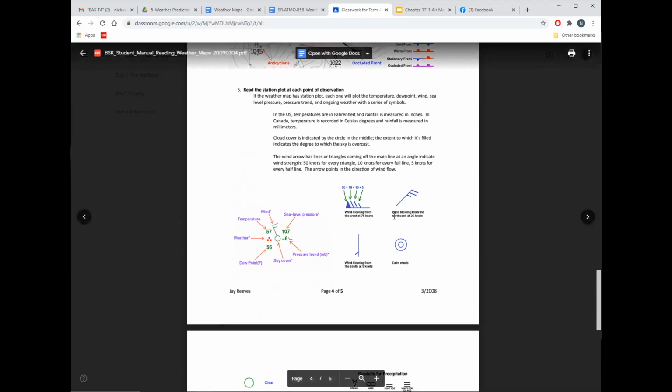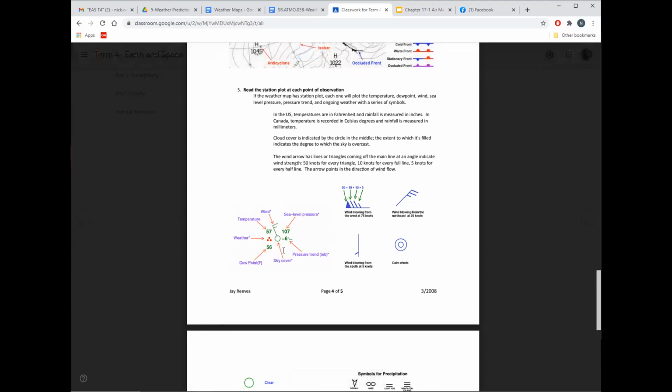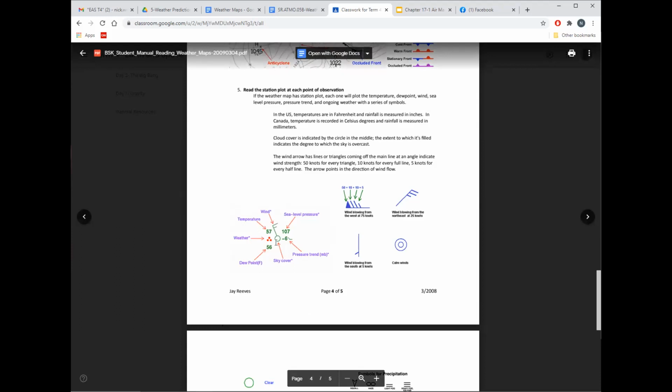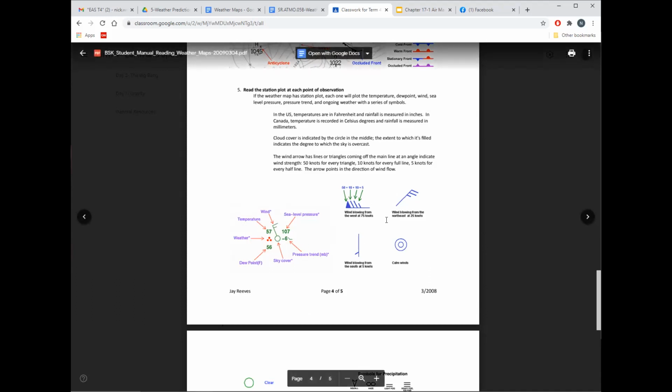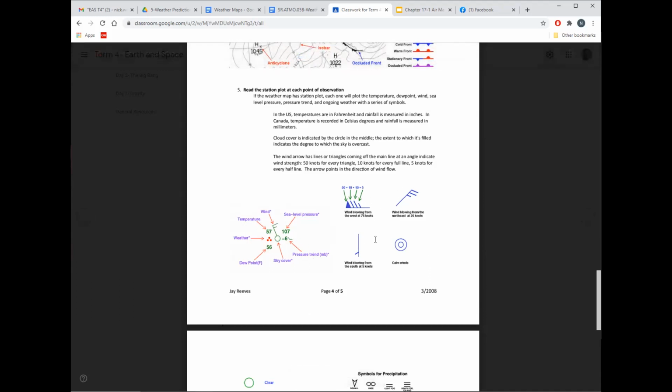So the key here is that it's where it's blowing from, which means it's blowing the other way. So the wind is moving, in this case in our key over here, to the southeast. In this one, it's moving to the southwest. If there's no wind, you just don't get a line. That's an indication of calm winds.